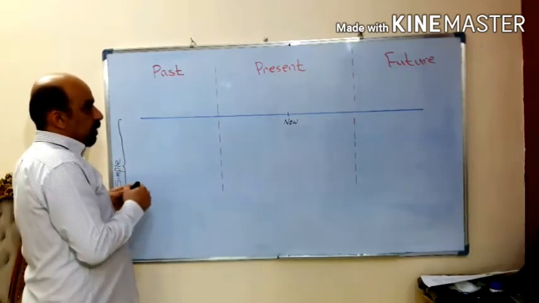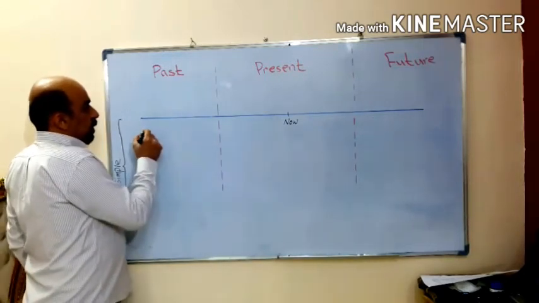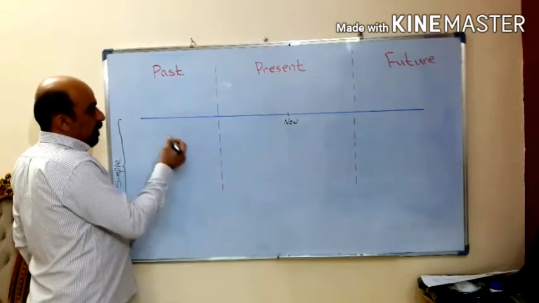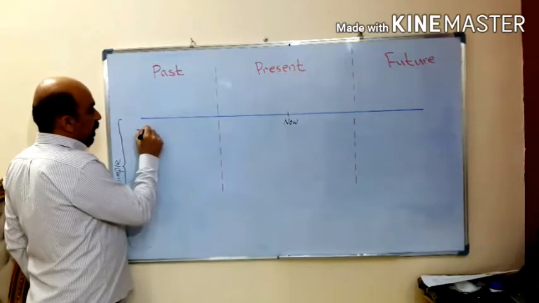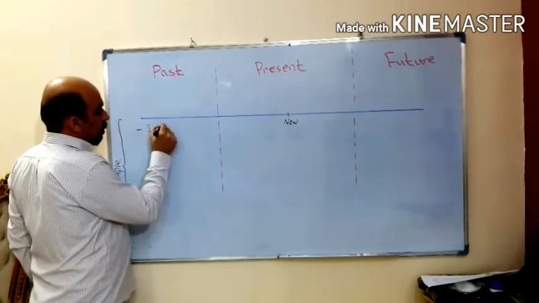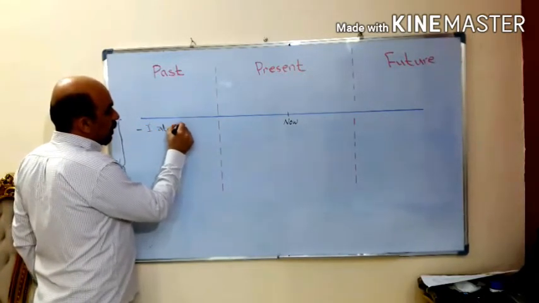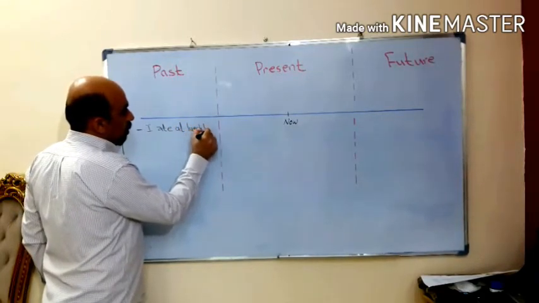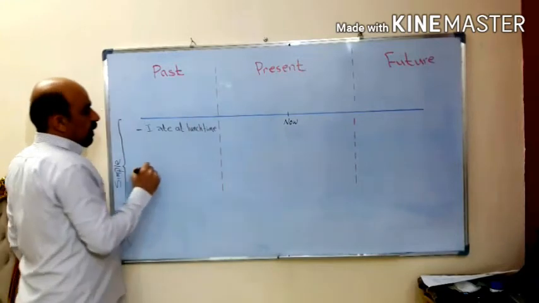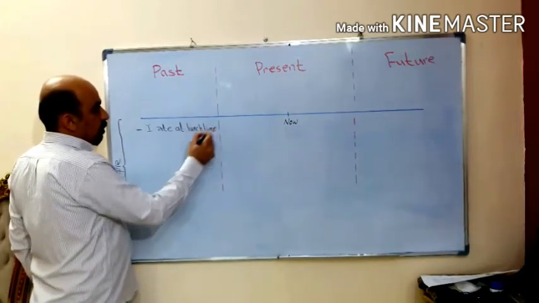The past simple refers to or describes actions in the past. For example, I ate at lunch time. This is a past action.